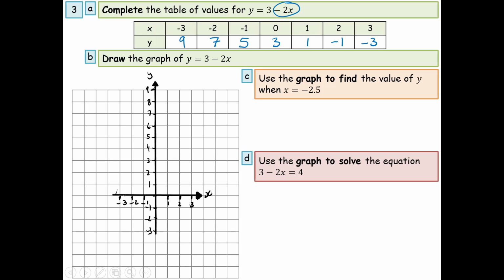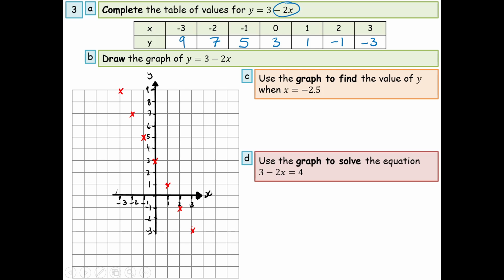And let's plot the points. Okay, so minus 3, 9, minus 2, 7, minus 1, 5, 0, 3, 1, 1, 2, minus 1, and 3, minus 3.